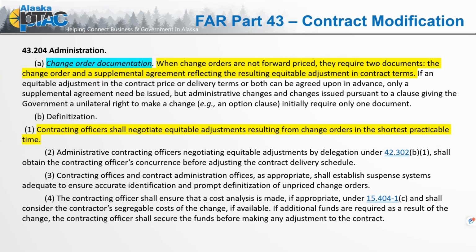And often that shortest practical time is when the contracting officer has time. So if you are submitting that request for a change order, and it talks about forward price, so if you can provide an estimate immediately upon notifying or not, one of the things that you should do, just good practice, is notify the contractee the urgency of the response.